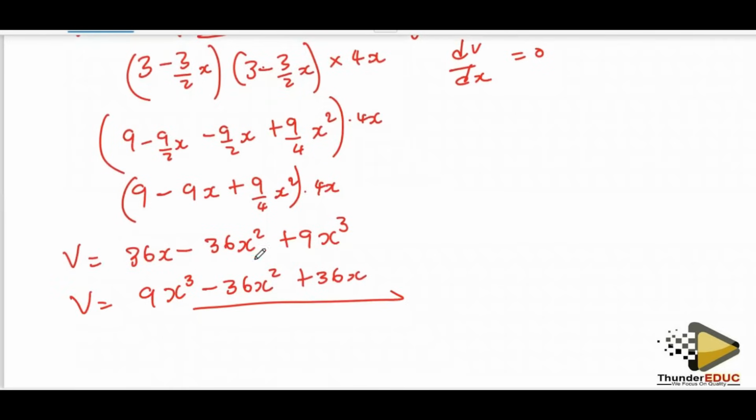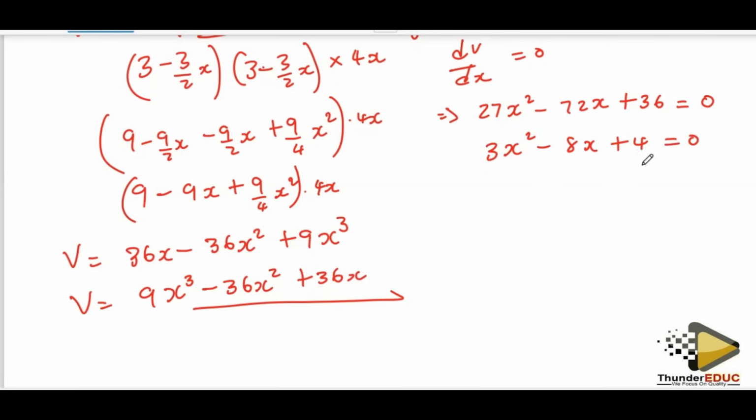So my first derivative is going to be 27x squared minus 72x plus 36 is equal to 0. Then from there I can divide through by 9. So that's going to be 3x squared minus 8x plus 4 is equal to 0.